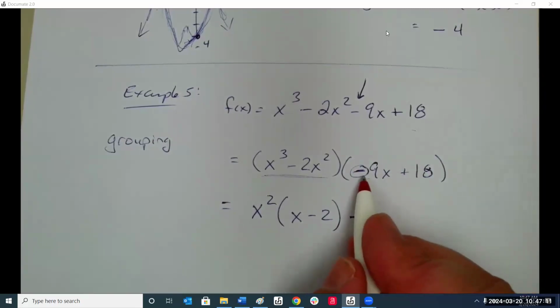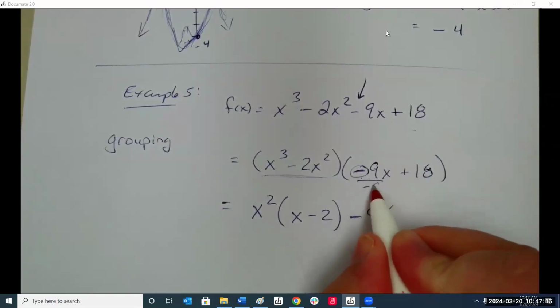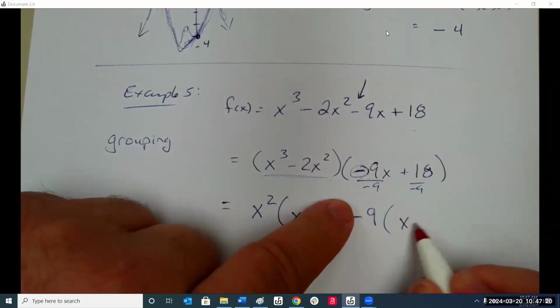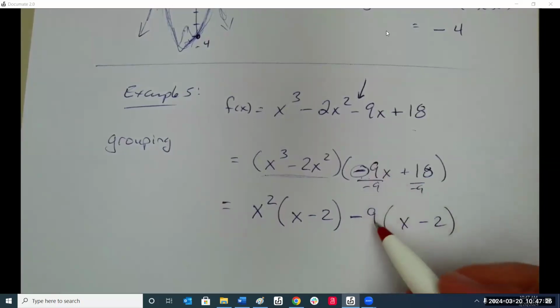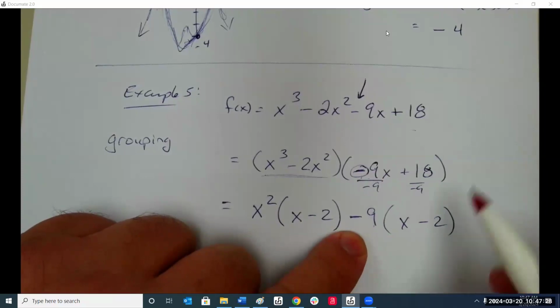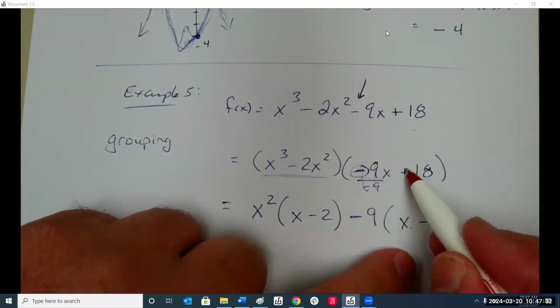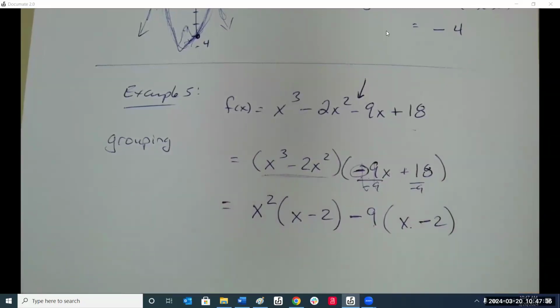You don't want your first term to be negative. So if I divide both of these by -9, what do I have left? x minus 2. Because whatever I factor out, I divide to see what's left. The 9's cancel the negatives, so I have x. Positive divided by negative is negative. 18 divided by 9 is 2.